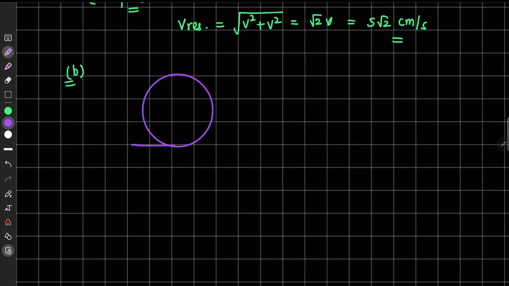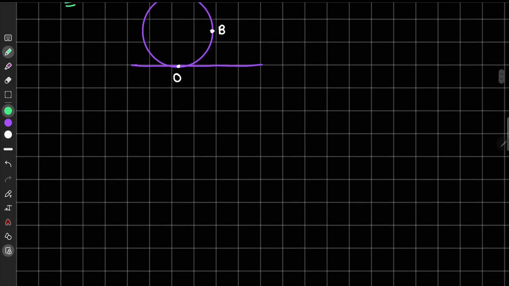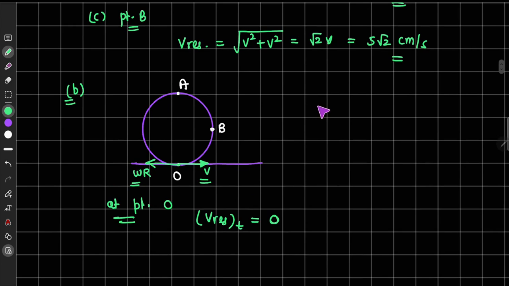So this is the ball, and here we have point O, point A and point B. First, let us talk about point O. Here at point O we have the velocity v in this direction and omega r in this direction. So the net resultant velocity in the tangential direction is equal to 0 because velocity is equal to omega r. So we have two components of acceleration.